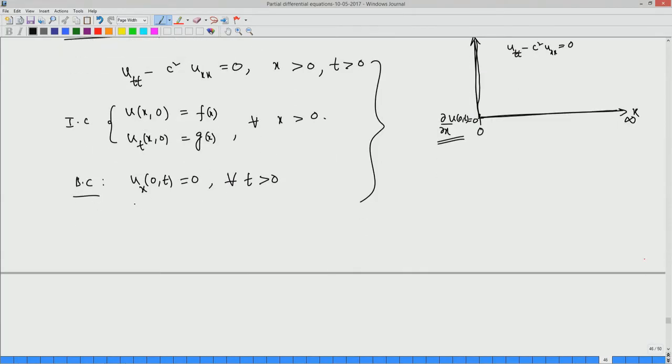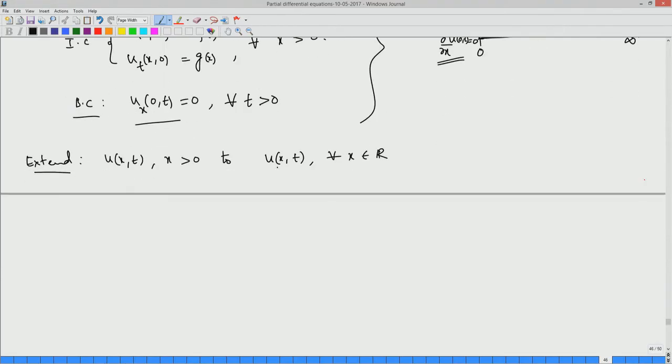Because of this condition, I extend u of x t, for x positive, to u of x t for every x belonging to R, in this fashion. So how do I do that?